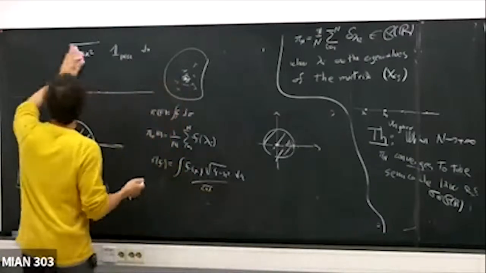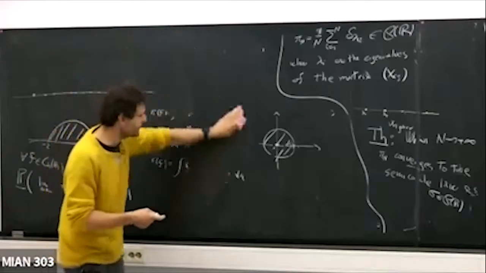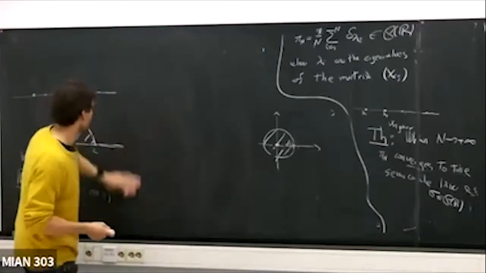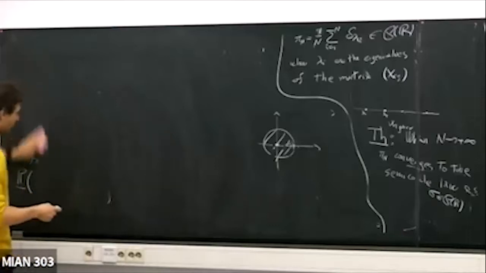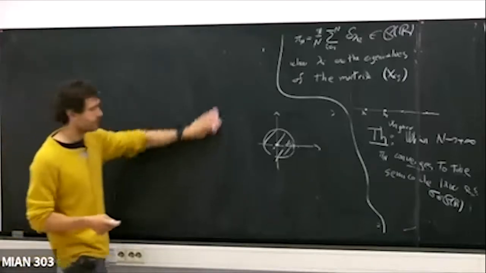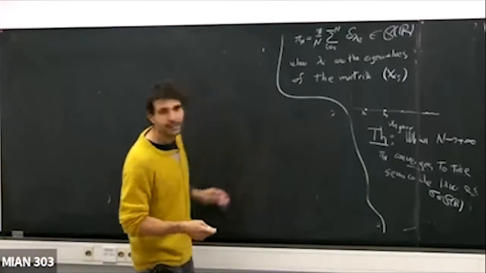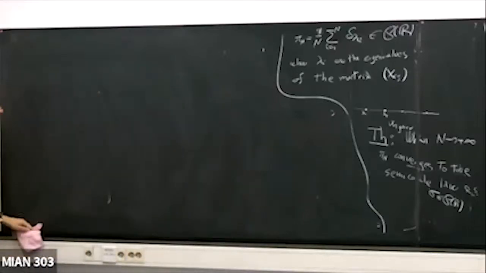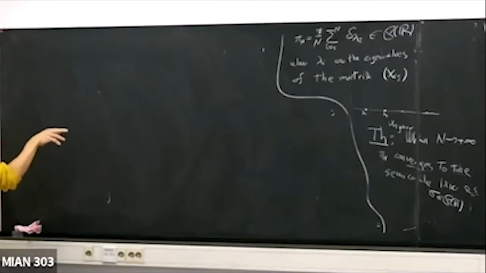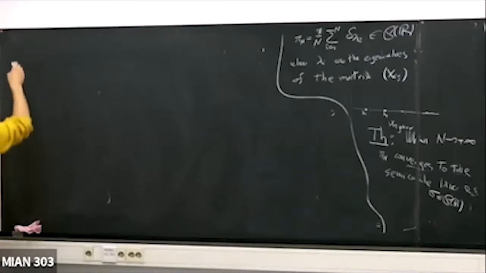Let me write what we will prove, because the theorem as I presented it is in reality very hard, and I'm absolutely not an expert in this field. I just heard about it. So we will assume much more, and we will prove that.